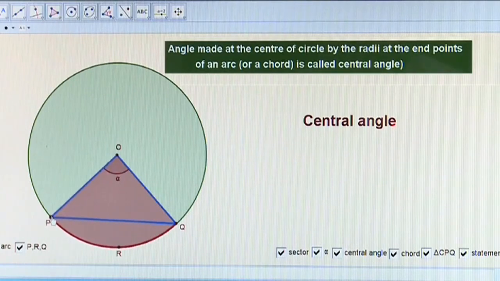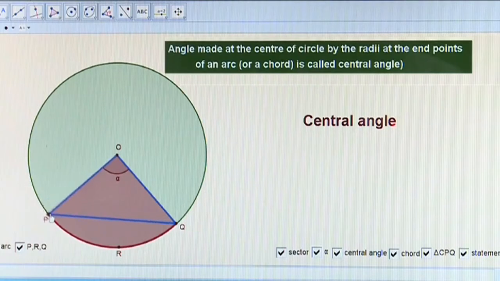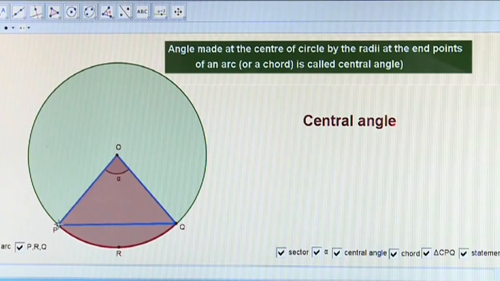See, the length of the arc is increased, then the central angle is also increasing. So, we can say that length of an arc is closely associated with the central angle subtended by the arc at the center.